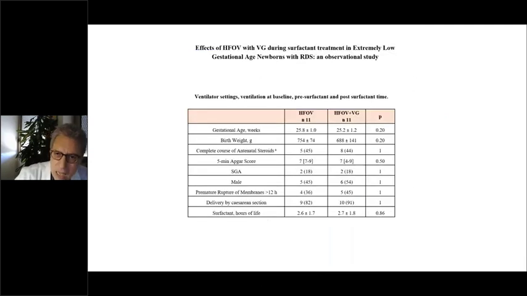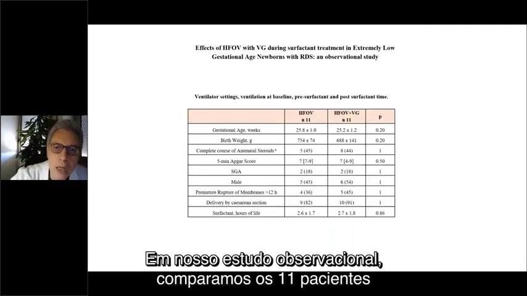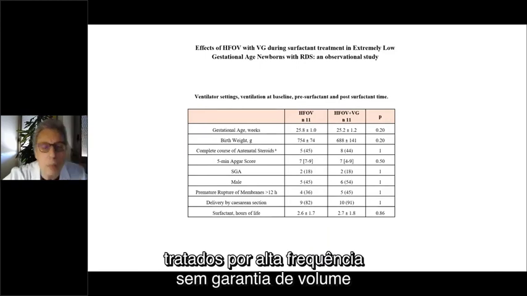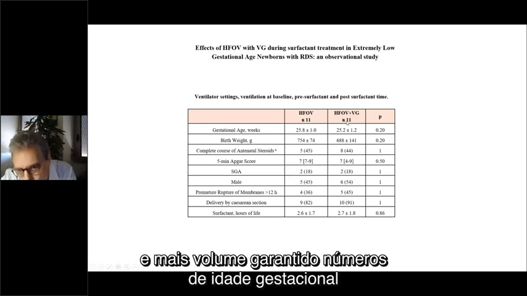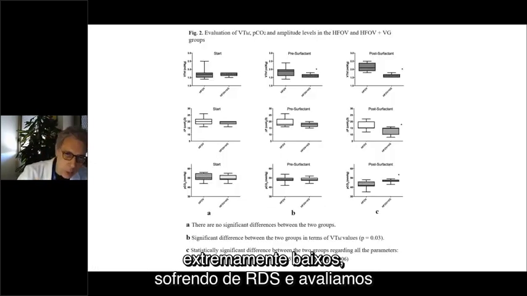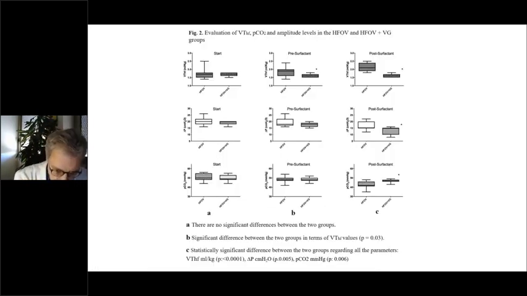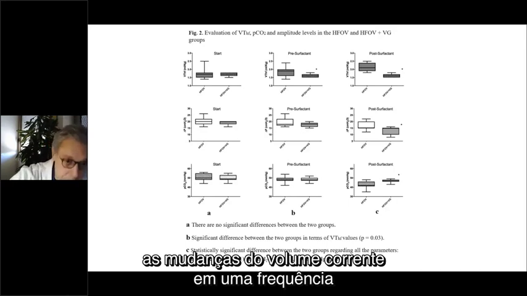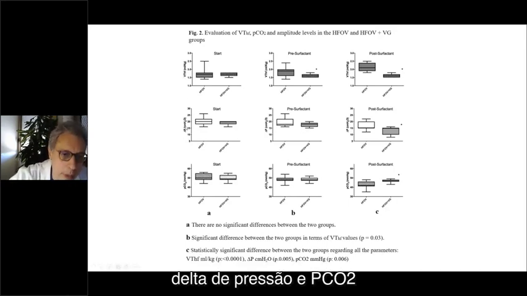regulated. In our observational study, we compared 11 patients treated by high frequency without volume guarantee and plus volume guarantee, extremely low gestational age newborns suffering from RDS, and we evaluated the changes of tidal volume in high frequency, delta pressure, and PCO2.